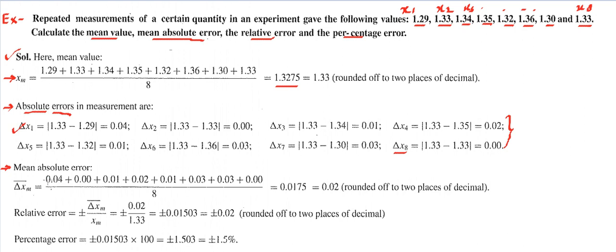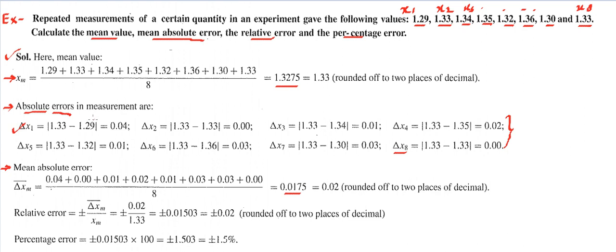This value is delta x1, which is 0.04 from here. The next value is from here, that's delta x2. Similarly, delta x3 up to delta x8 have been written. Divide by 8, and this came out to be this number. Then again we round off to 2 decimal places to make it 0.02.